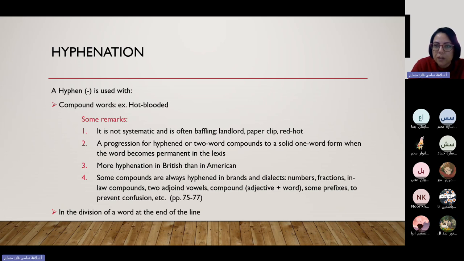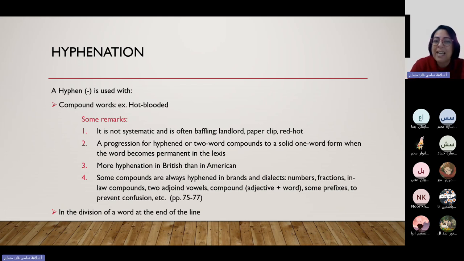كتير نرفوز. Okay. Some remarks: it is not systematic and is often baffling. Baffling شو يعني؟ إنه بيستغرب الواحد. What? What's this? So, yes, Sarah. محيرة. Yes, it's baffling. إنه بحتار ليش مرة بحطها ليش مرة ما بحطها.